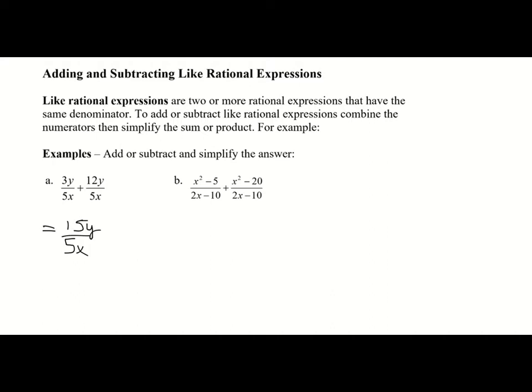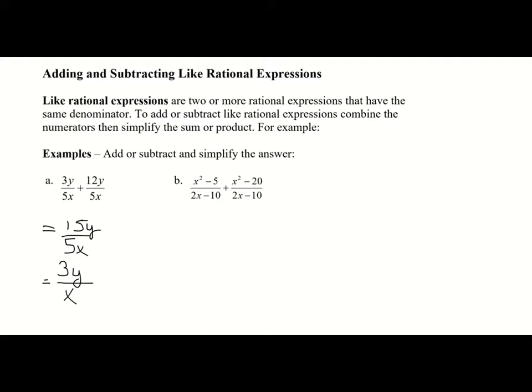And then you want to see, can you do any simplifying here? The 5 and the 15, I can simplify that as a fraction. I know that 5 goes into 15 3 times, so it would become 3y over x. And that would be my final answer there.